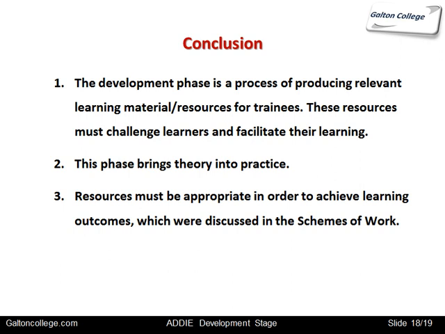So in this quite short session, we just simply looked at the development of the learning material, the different types of learning material, and making sure that the learning material is specific to the schemes of work set out in the learning document as developed in the design stage. And don't forget, the design stage itself is based on the analysis, which was the first stage.